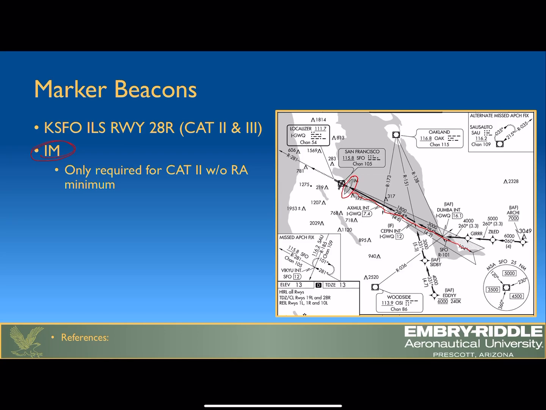And again, that inner marker is the decision height for Category 2 and 3 approaches. You can see it's specified with this little symbol showing you that inner marker.